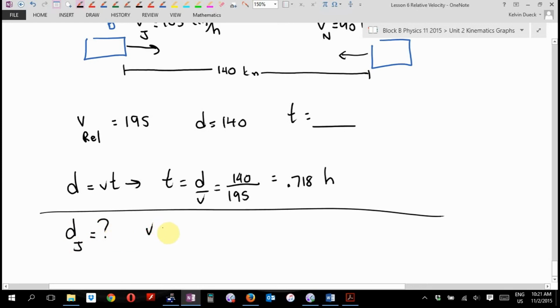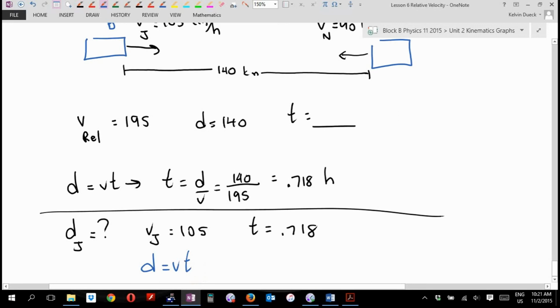What's the speed that Jill is traveling at? 105? How long is she traveling for? 0.718, and so on. I'm looking for an equation that has d, v, and t in it. There is one.